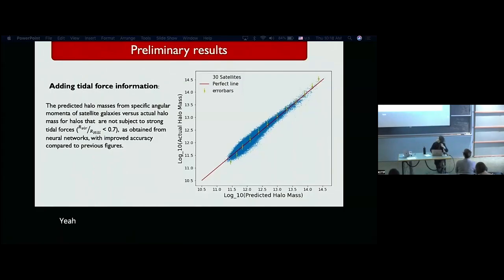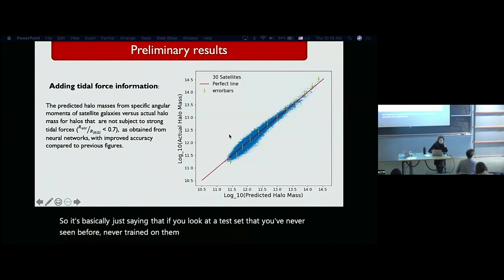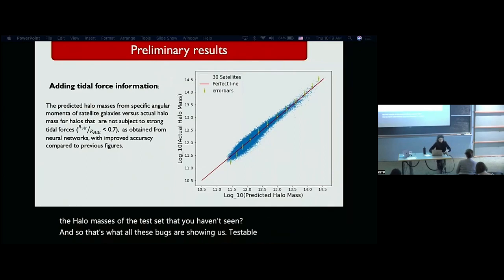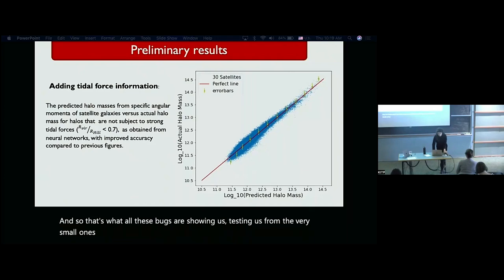So it's basically just saying that if you look at a test set that you've never seen before, never trained on before, then how well can you predict the halo masses of the test set? That's what all these blue dots are showing: test halos from the very small MultiDark Planck blocks that the neural network has not been trained on before.